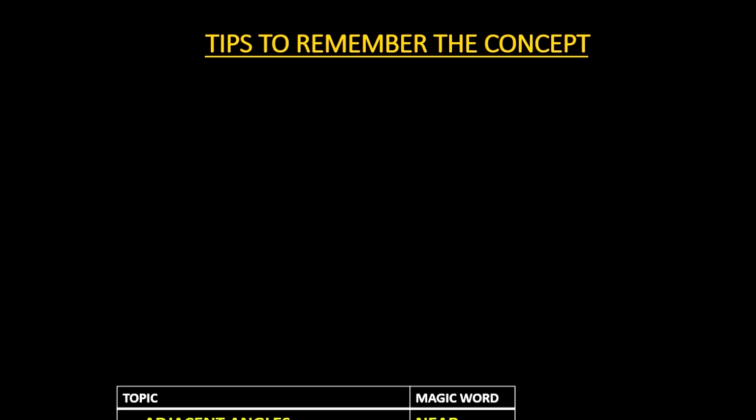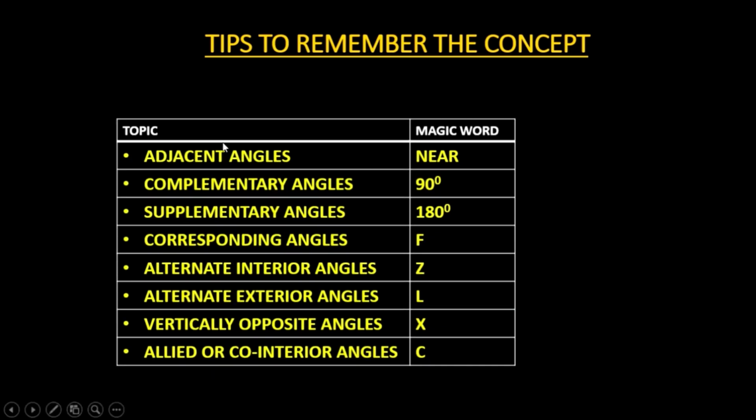Tips to remember the concepts. Adjacent angles, you should remember the word near. That means both should share the same vertex and same side. Complementary angles add up to 90 degrees, so you should remember 90 degrees.